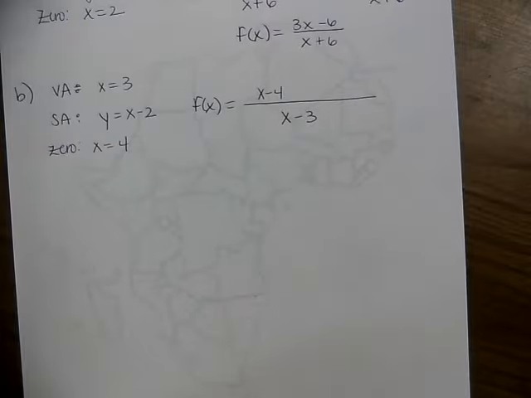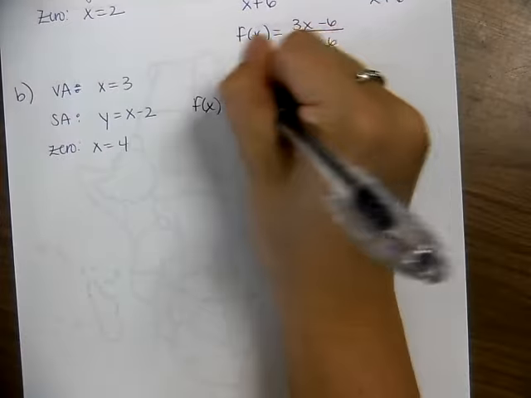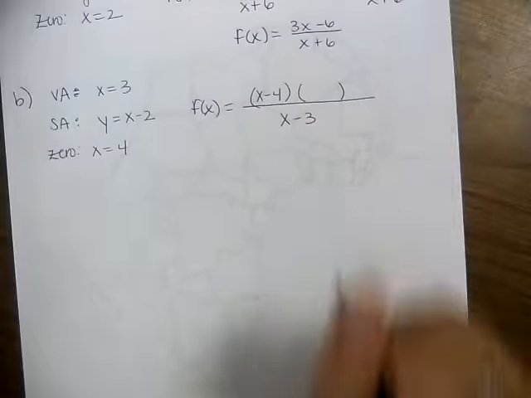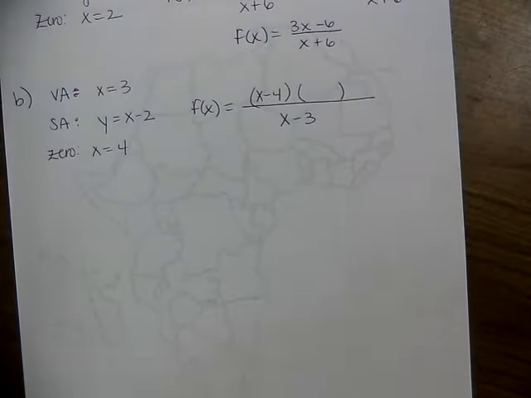How do you get a slant asymptote? The degree is exactly 1 more in the numerator than in the denominator. So how many terms am I missing in the numerator? Just 1. I am missing some factor there. That's what I have to find.